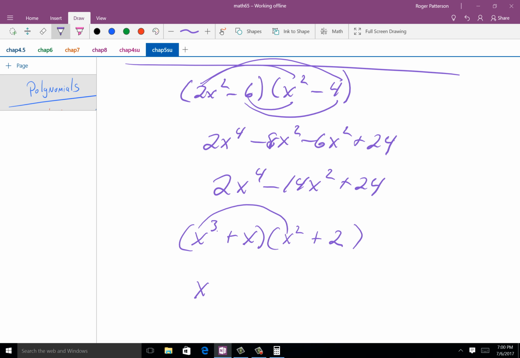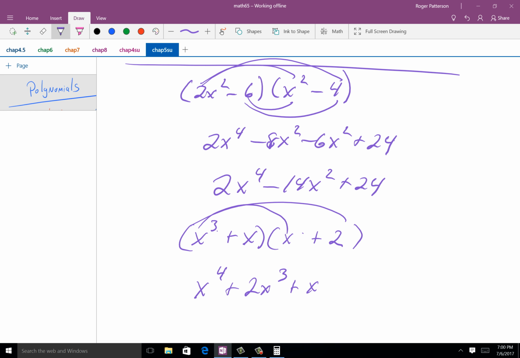We're multiplying, so it's going to be x to the 5th, because we're just going to add the exponents. Then 2x to the 3rd. Oh, once you know, it combines. Maybe if I just make that an x.